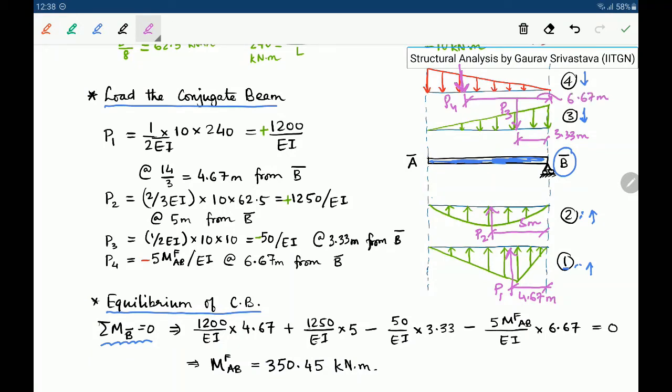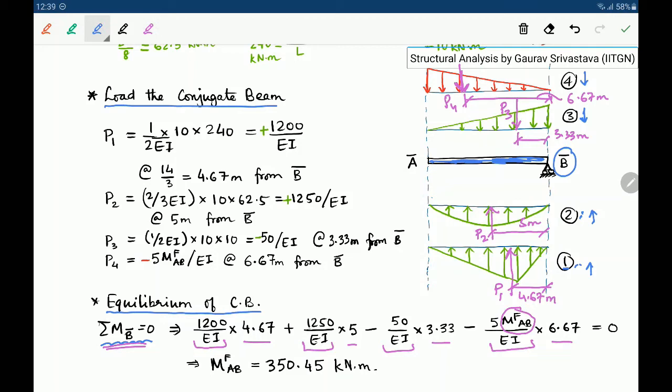So when writing the moment balance about B bar, we have P1 times 4.67 plus P2 times 5 minus P3 times 3.33 minus P4 times 6.67, all equal to 0. If you really see, this equation has only one unknown, which is MFAB.